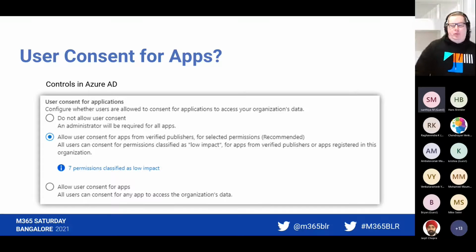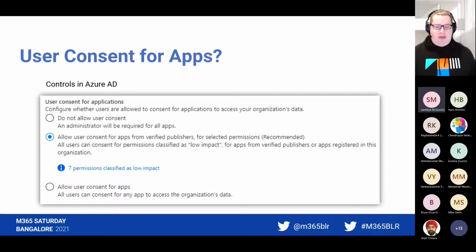This is just one example of how you can actually control the user consent from the last example. So you can, of course, deny everything, so people cannot start using any apps by themselves because they cannot consent even for basic sign-in features or sharing their profiles, which is actually mandatory when you want to do a single sign-on.